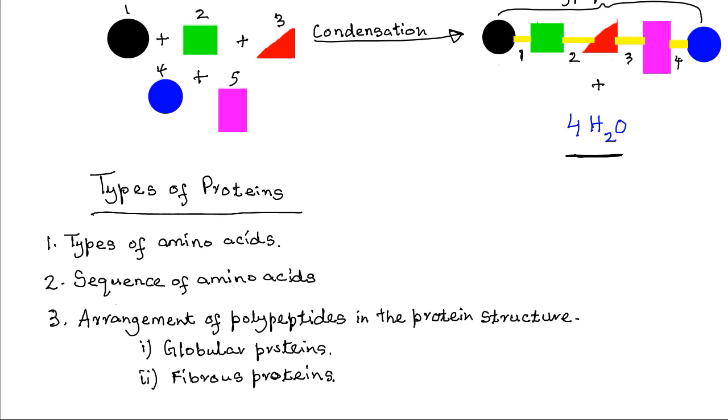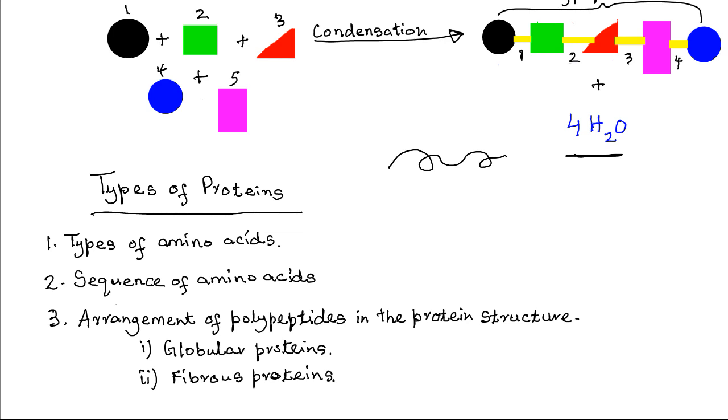So, a protein may consist of just 1 polypeptide chain, or may consist of several polypeptide chains joined in different patterns to form the protein. So a protein consists of 1 or more polypeptide chains. A polypeptide chain, on the other hand, consists of several amino acids.